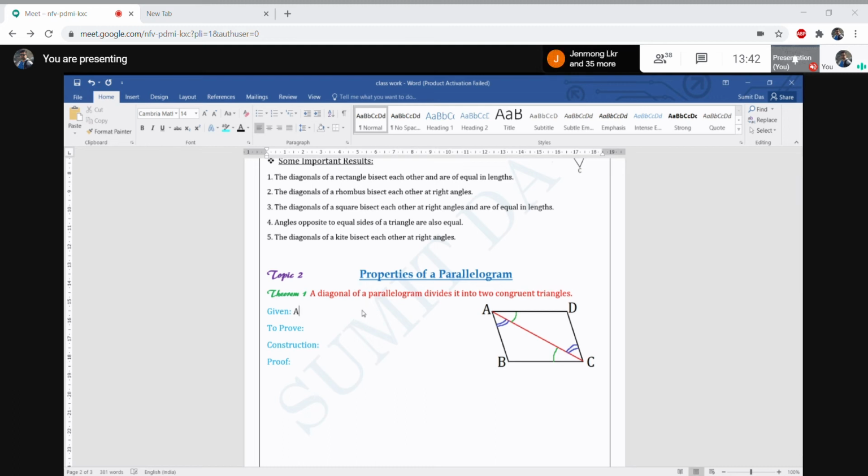So I will say ABCD is a parallelogram, and AC is a diagonal. Just AC is a diagonal.